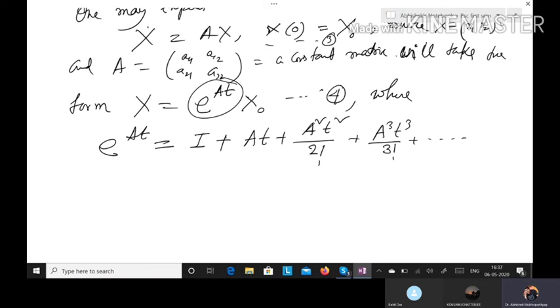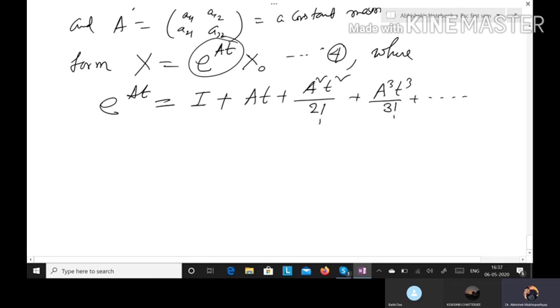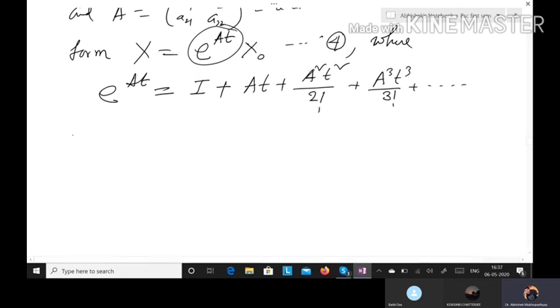So this is our expression for e to the power A t. And this will be proved in the fundamental uniqueness theorem. I just finish up this discussion with the statement of this important theorem, the fundamental uniqueness theorem.